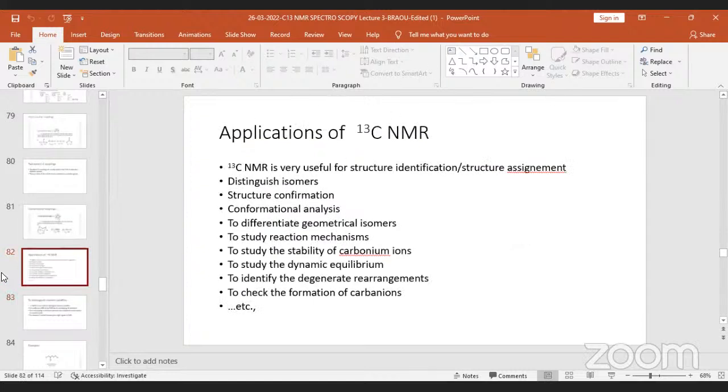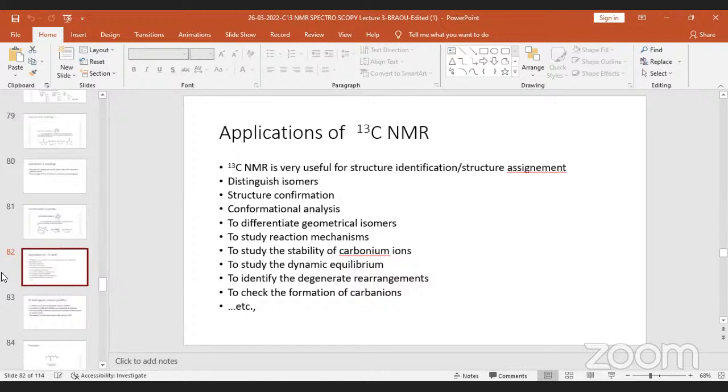Coupling constants are very useful, especially in unknown systems, to identify the hybridization state of the carbon, and also to know the angles, the stereochemistry, etc. But normally, as I told you earlier, we only record SFORD, that means off resonance free coupling, where we get the splitting of carbons, but not the coupling constant.